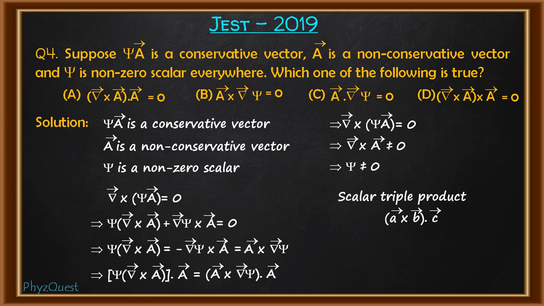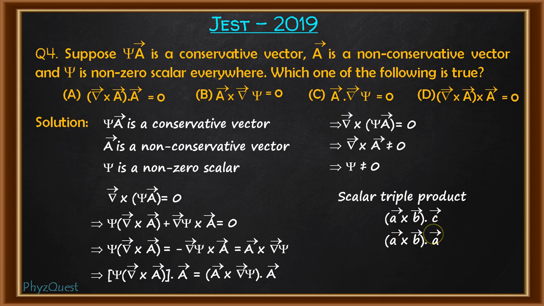Now whenever there are three vectors and any of the vectors is repeated in these terms, suppose we have A cross B dot A, so here A is repeated. This is applicable to any of the vectors B or C, whatever it is.